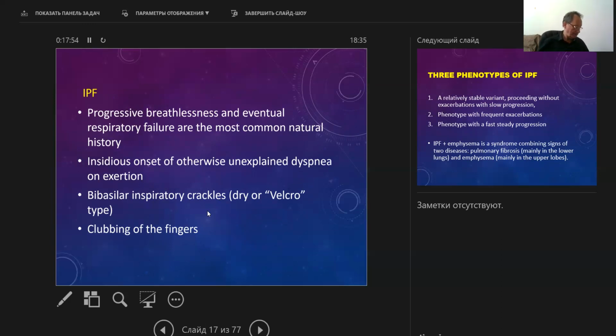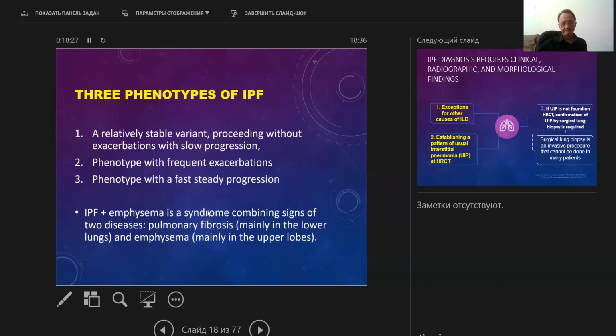So I would like to show an example of this Velcro type of basilar inspiratory crackles, typical for patients with IPF. Due to inspiration, you can hear these crackles during auscultation, and clubbing of the fingers.